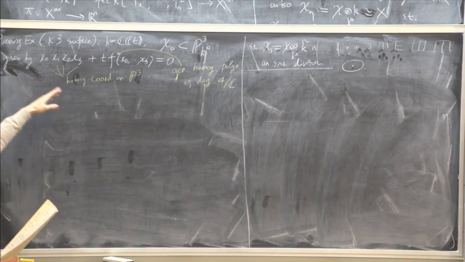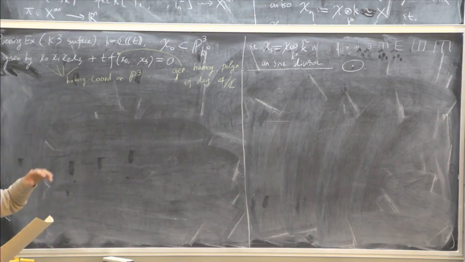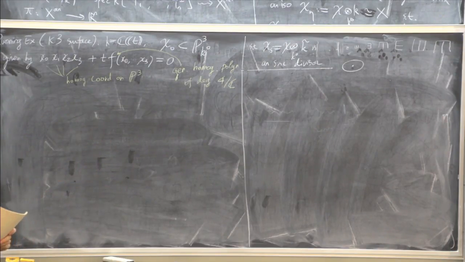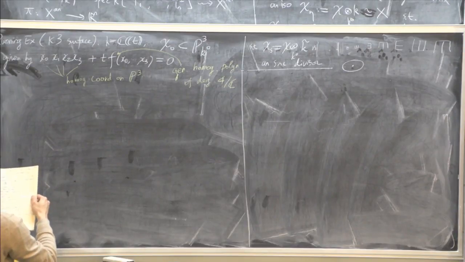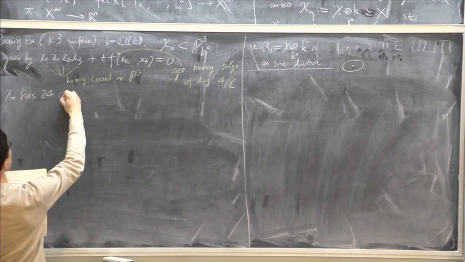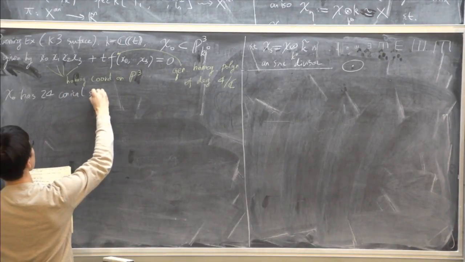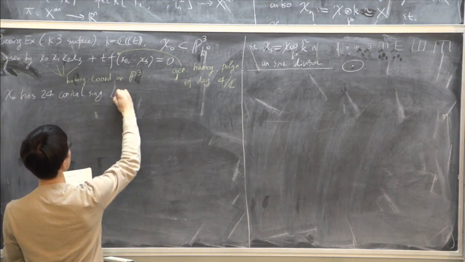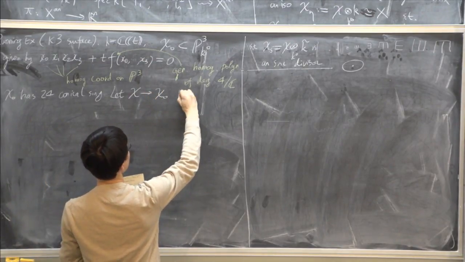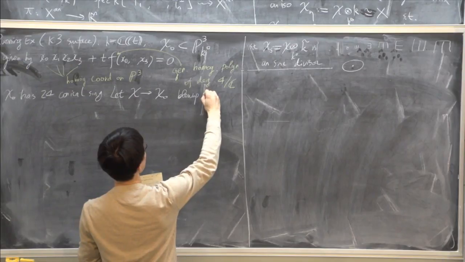K0 is C double bracket T. So X0 has 24 conical singularities, and we let X to X0 just blow up the 24 points.